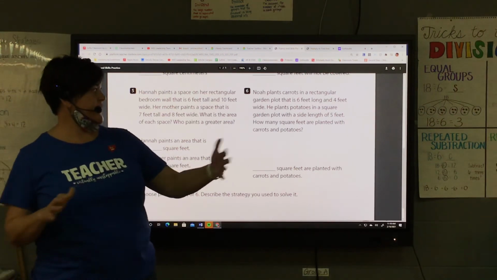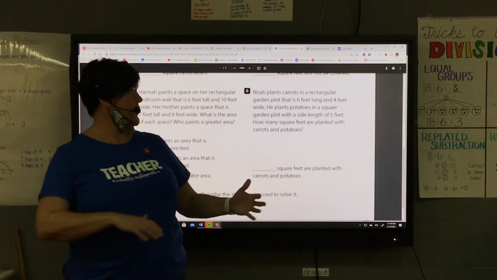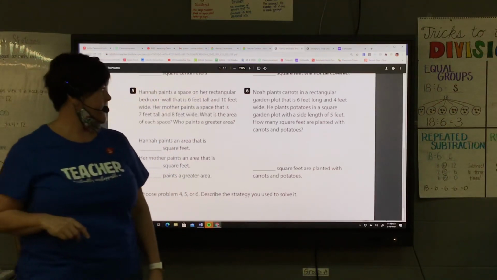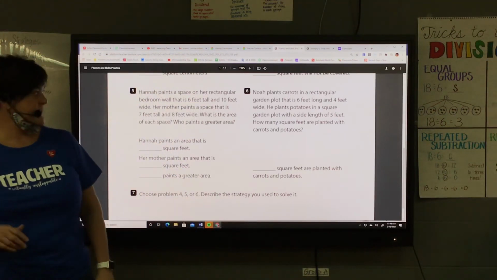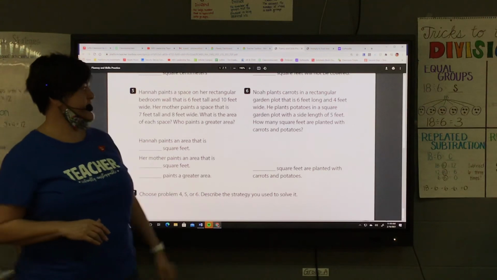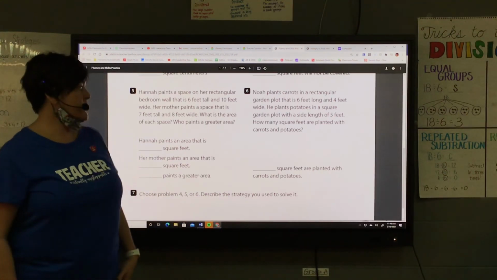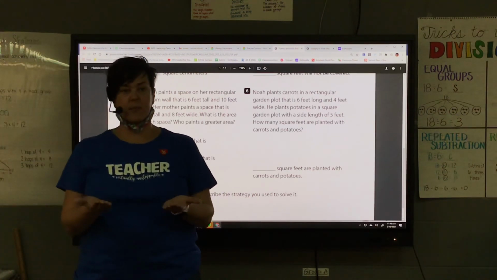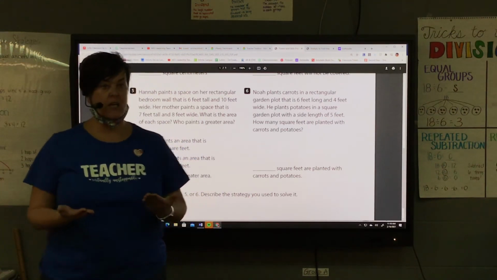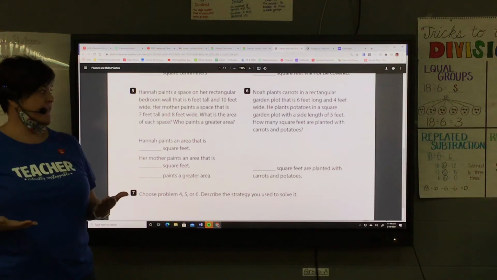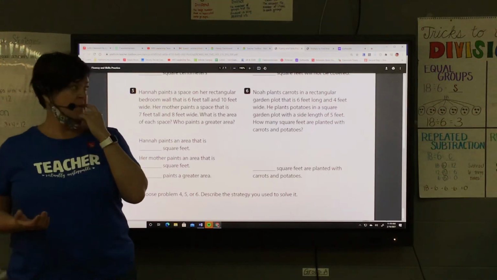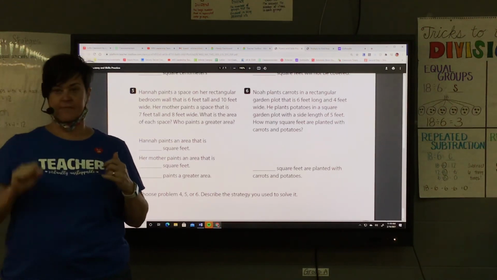He has a rectangular garden plot that's 6 feet long and 4 feet wide. That's what he plants his carrots in. Then he plants potatoes in a square garden plot. What's your equation going to be for his square garden plot that is 5 feet? 2 equations.